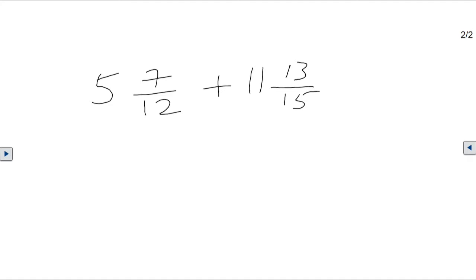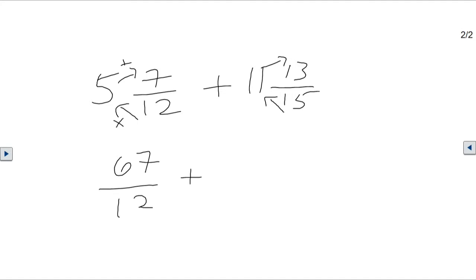And we start changing that to improper: we do 12 times 5 plus 7, so you end up with 67/12. 15 times 11, which is 165, plus 13, so then you end up with 178/15. Then you have to start thinking of what's the common denominator of 12 and 15, and you can start to see where our numbers are going to get really big.